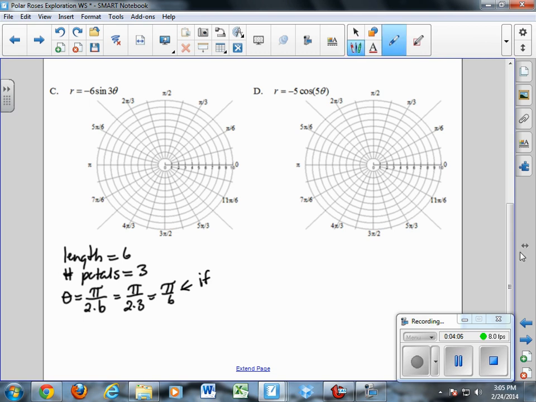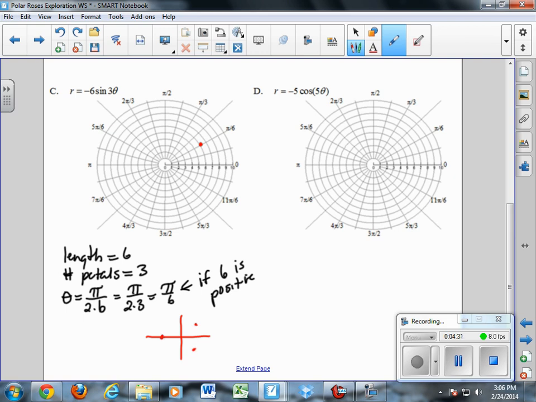So if the 6 is positive, but the 6 is not positive. So this is not where my graph is actually going to be, but I'm going to use this as a reference. So I'm just going to put a little dot there, that this is my starting point. And then every other petal is going to be 120 degrees apart.